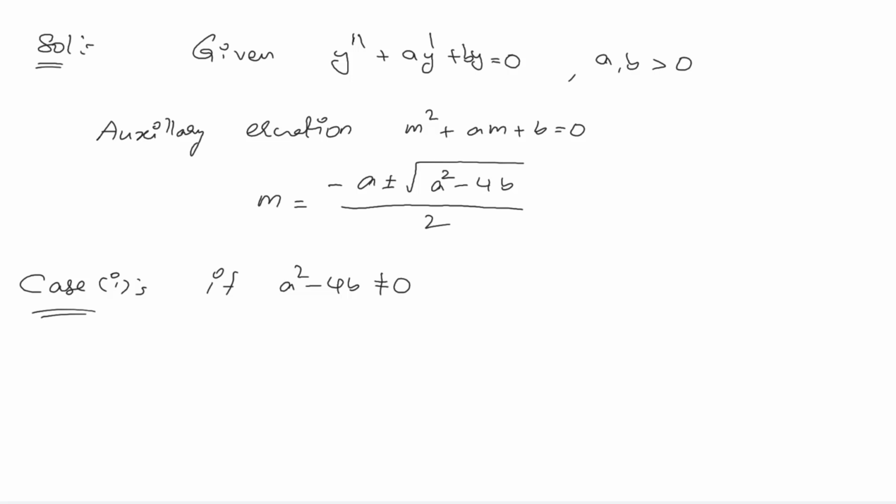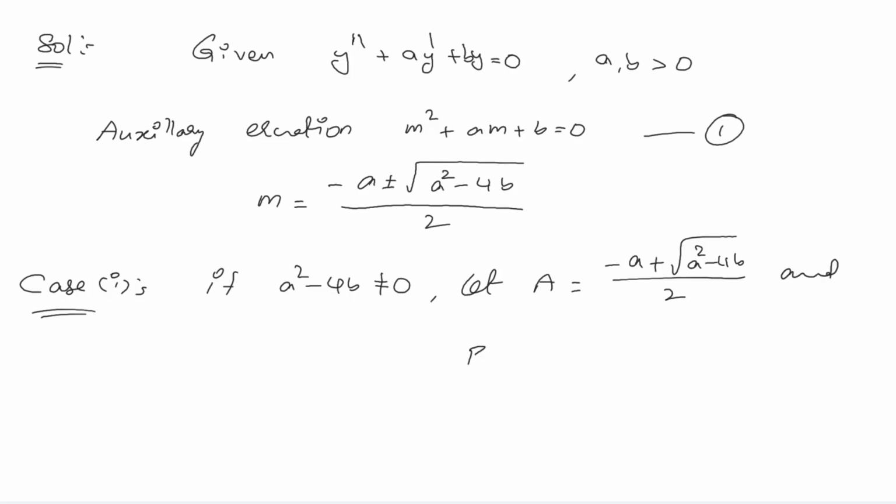Let me assume α is the first root, (-a + sqrt(a^2 - 4b))/2, and β is the other root, (-a - sqrt(a^2 - 4b))/2.